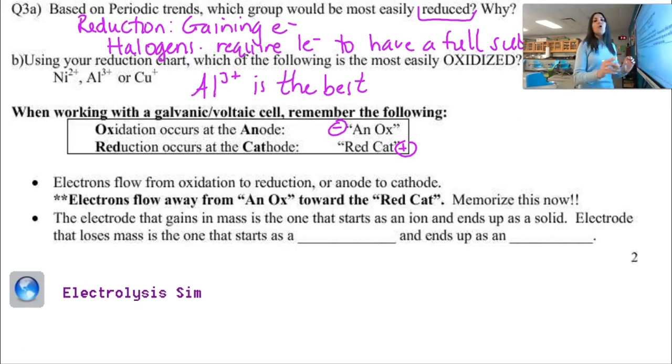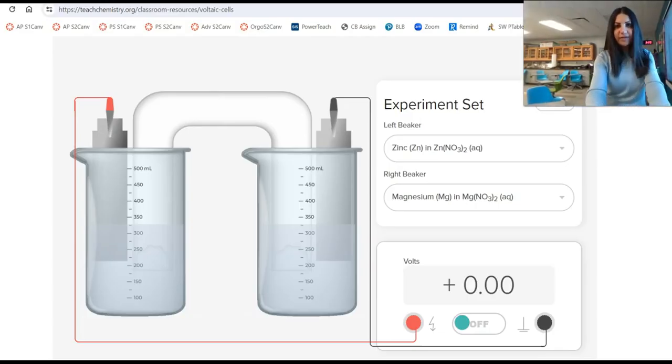When you look at what is going to be happening in a cell, let's take a look at a simulation right now. In this simulator, I put a piece of zinc metal, which you're going to call either your anode or your cathode. We're going to figure this out in just a second if I did this right. I put that in a solution of zinc nitrate, so you always want to put it in its own solution.